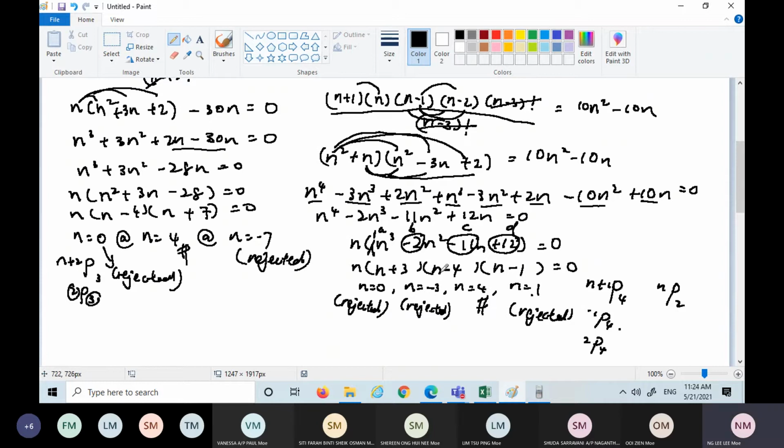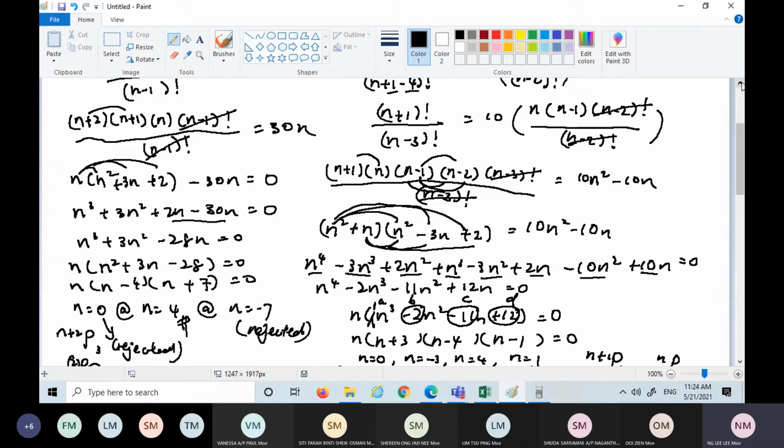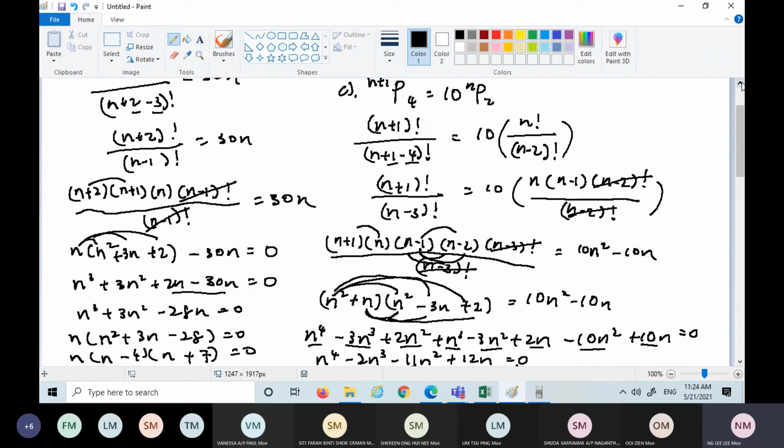I'm not sure whether you are using this method. Maybe some of you, when you have n and n minus 1, n and n minus 1, you already cut this away.